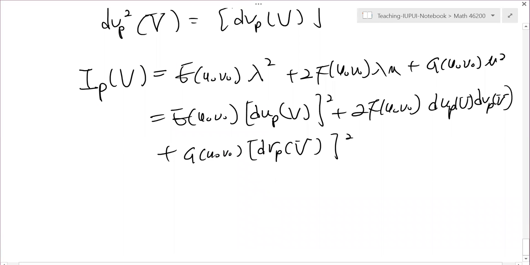Sometimes for simplicity you don't need to put the V there. Therefore the first fundamental form is simply written as E du_P squared plus 2F du_P dv_P plus G dv_P squared.